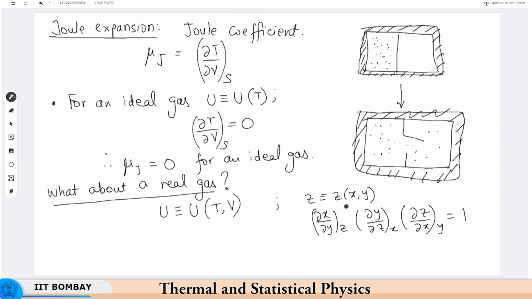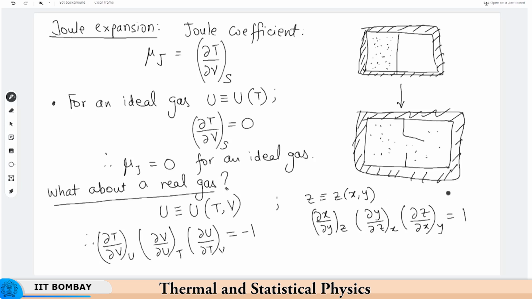So, I want you to apply the same formula here, and this is the reciprocity theorem. So, therefore, we can write del T by del V at constant u times del V by del u at constant T times del u by del T at constant V, and this is -1, right.